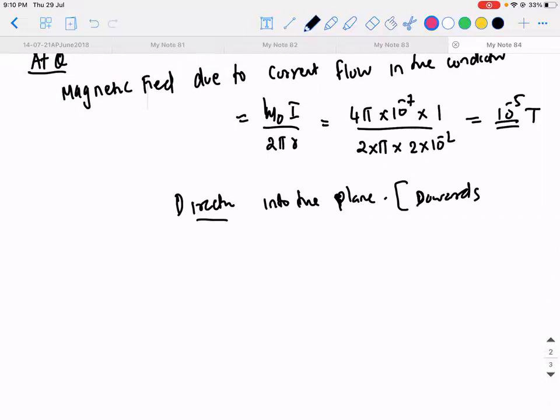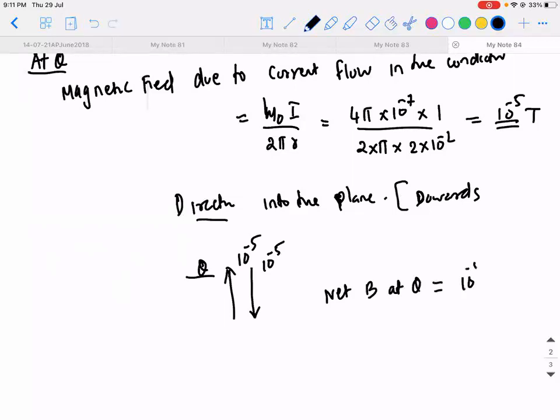So at Q, the external magnetic field is acting upwards, that is 10 to the power of minus 5, and the magnetic field due to this conductor is going downwards, that is also 10 to the power of minus 5. Therefore, net B at Q, adding with the direction considered, is equal to 0 Tesla.